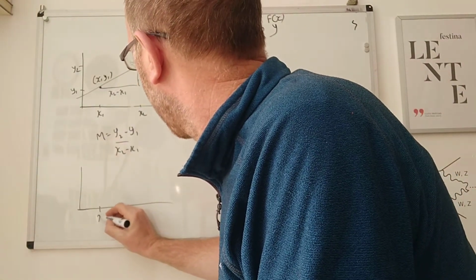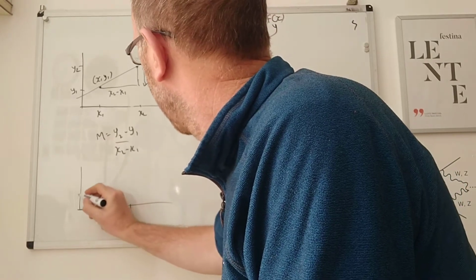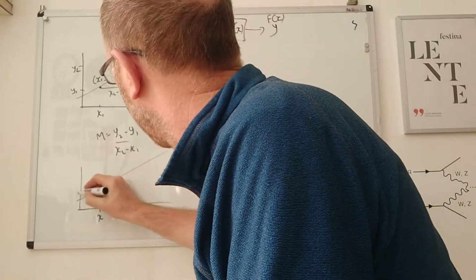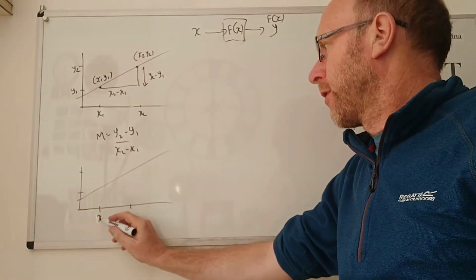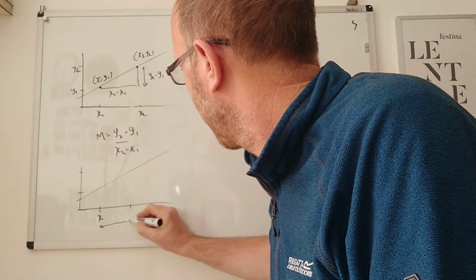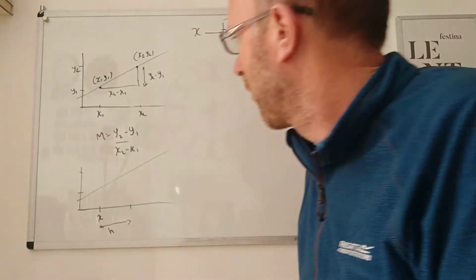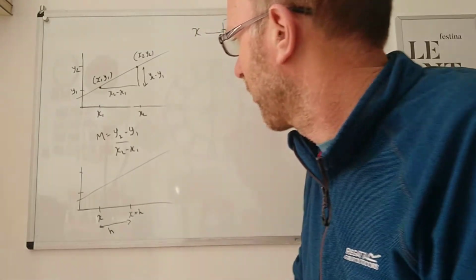So we're going to redraw this in the same way, but this time instead of saying x1 and x2, I'm going to call the first one x, and then say that the extra distance is h. So this point is x plus h.